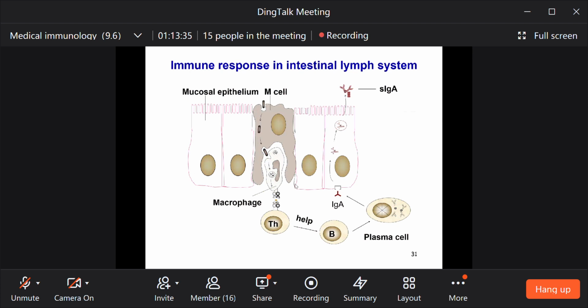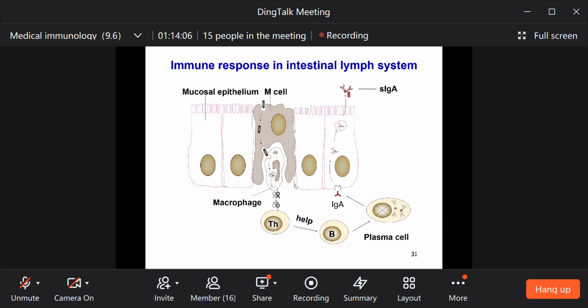And we can see the M cell is a very special cell, because at the bottom of the cell is empty, right? It is empty, but this empty zone will contain other cells. Here we can see the macrophage hidden under the M cell.